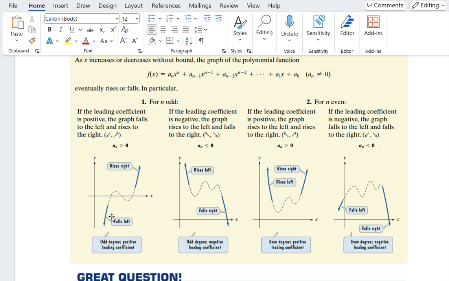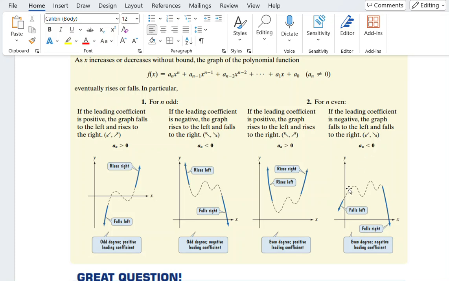And I like to think of this as sort of an overall shape of a line. So there might be some curvy stuff in the middle, but we're focused on what's happening at the ends. So this is like a line with a positive slope from left to right, and this one is like a line with a negative slope from left to right. If we have an even degree, then if the leading coefficient is positive, it's going to rise on both sides.